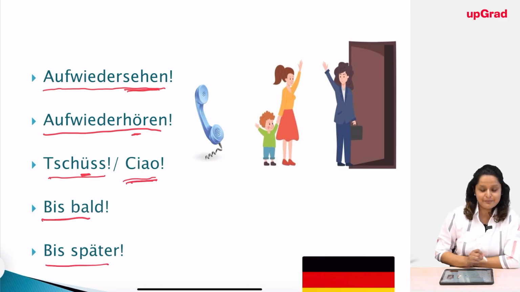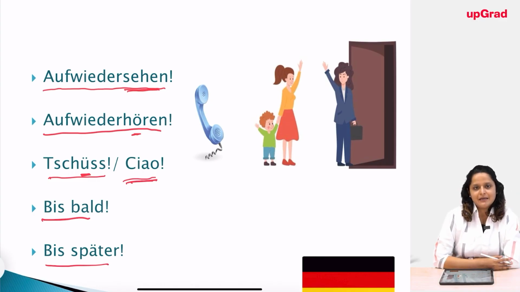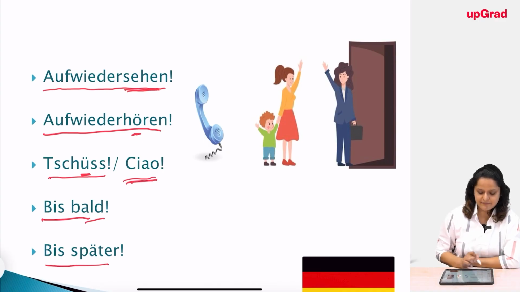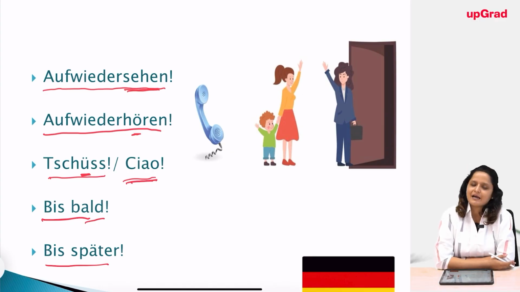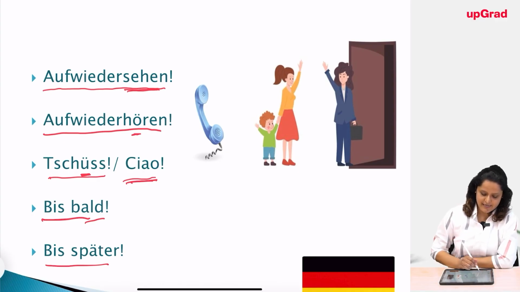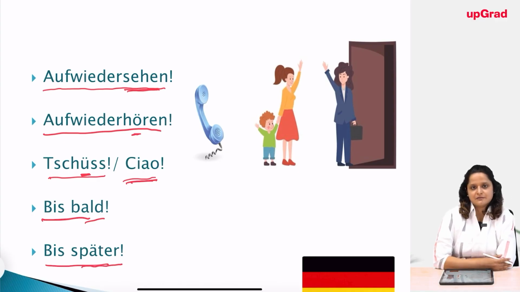So we have bis bald. Bis bald, which is see you soon. So bald means soon in German. So when you want to say that yes, I will see you soon, I can use bis bald. If I want to say yeah, I will see you later, in that case, I can use bis später.